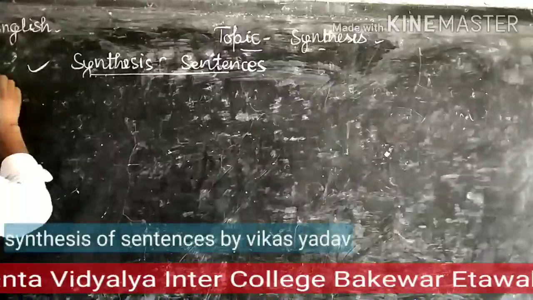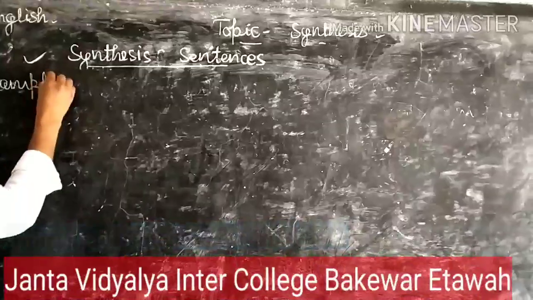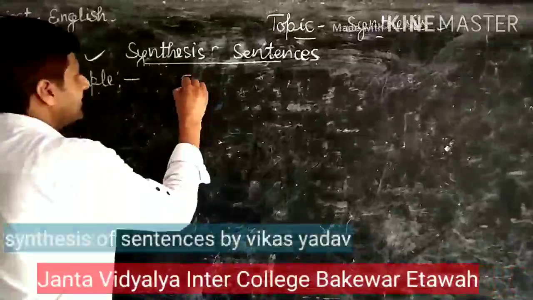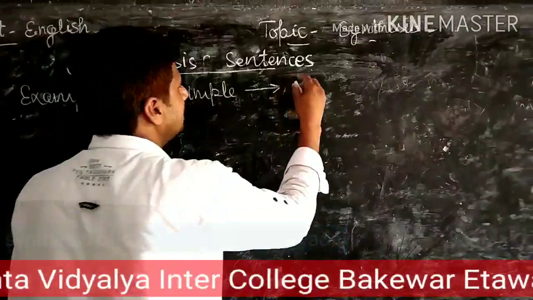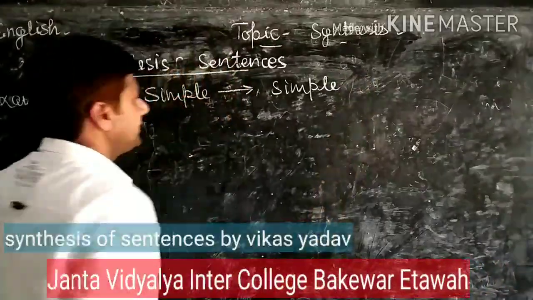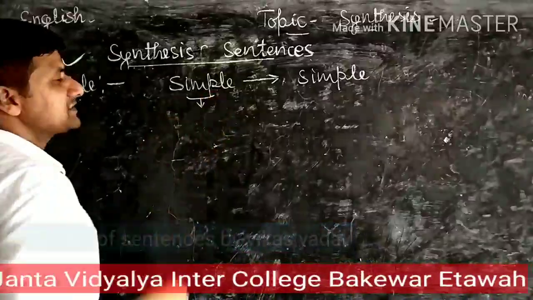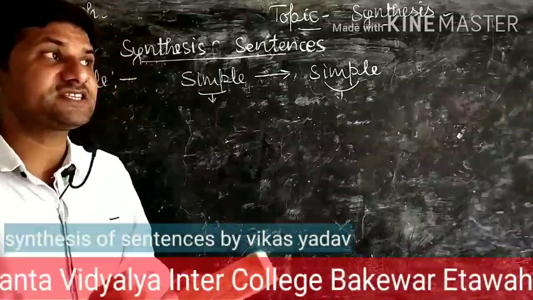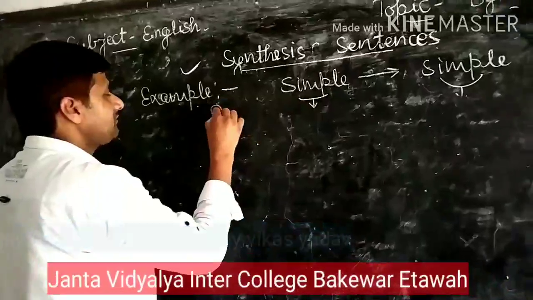So this is the process of combining, of joining two or more than two simple sentences. Let's take an example. We take two simple sentences and let's try to understand how we can make a simple sentence out of joining two simple sentences. We will be given simple sentences and we will combine them and create a new simple sentence. Let's take an example.